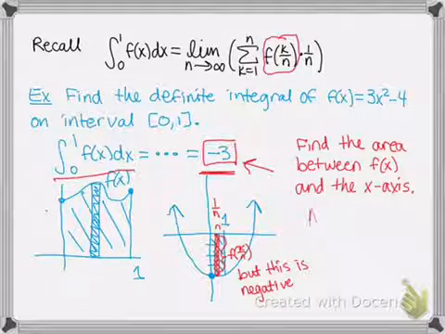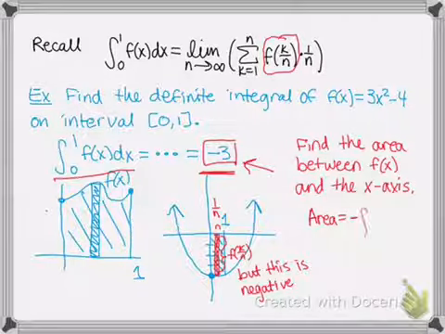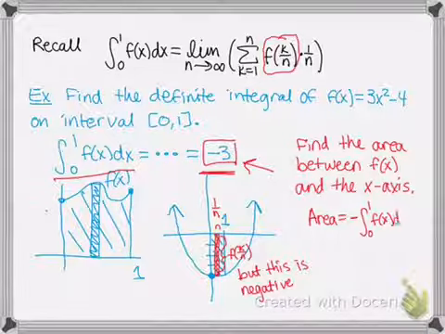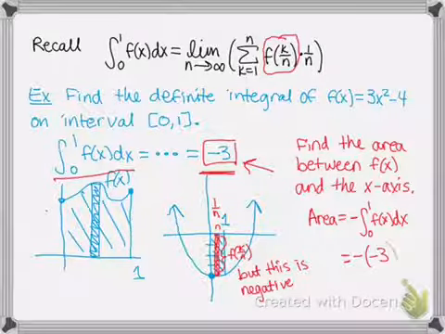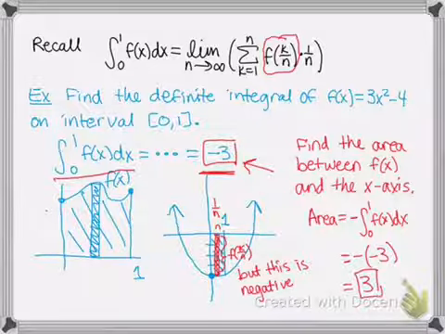So the area would equal technically the negative of the integral from 0 to 1 of our function, since it's always below the x-axis for our interval. And so that equals negative negative 3, which is in fact positive 3. So now it makes sense for the area to be positive.